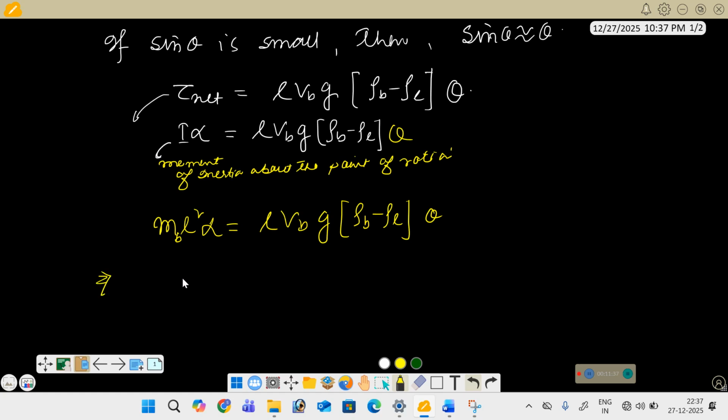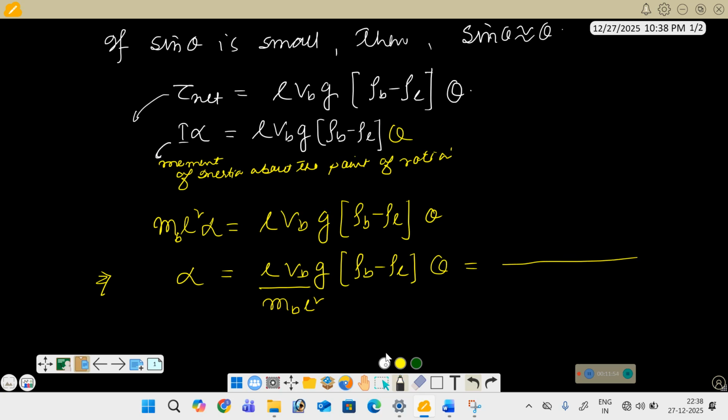So what will be alpha then? Alpha equals Vb L G (rho b minus rho L) into theta divided by m L square. The L gets cancelled.